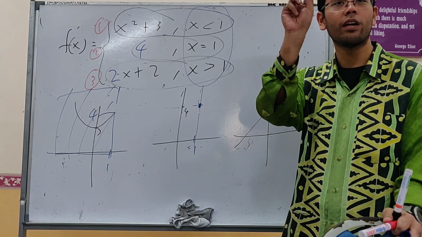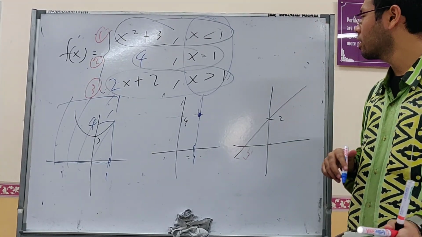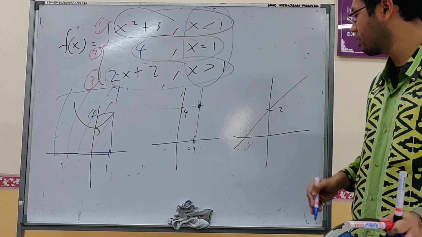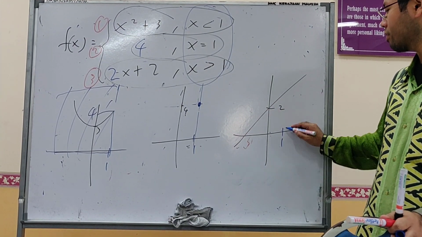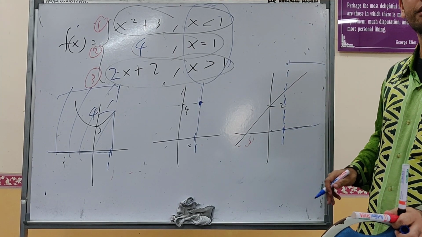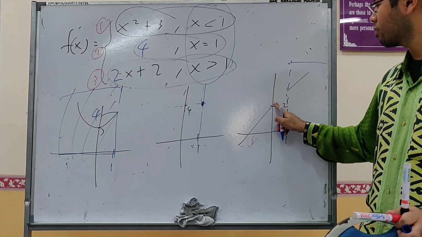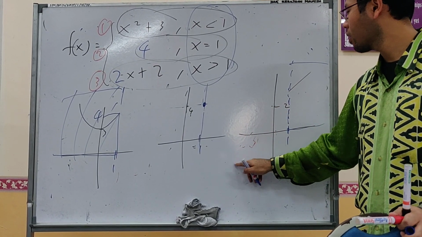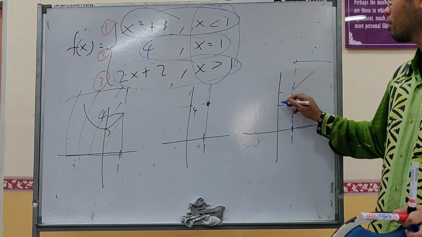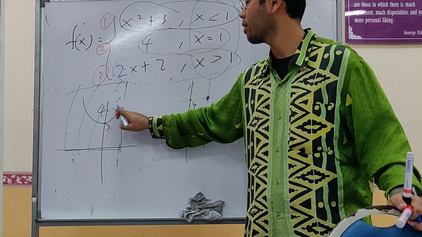Basically it's just one dot, then a circle. And what about this one, x more than 1? I only care about this side of the graph, and the side I don't care about, you just rub it off. And at 1, what's its value? 4. I think a dotted line is better.